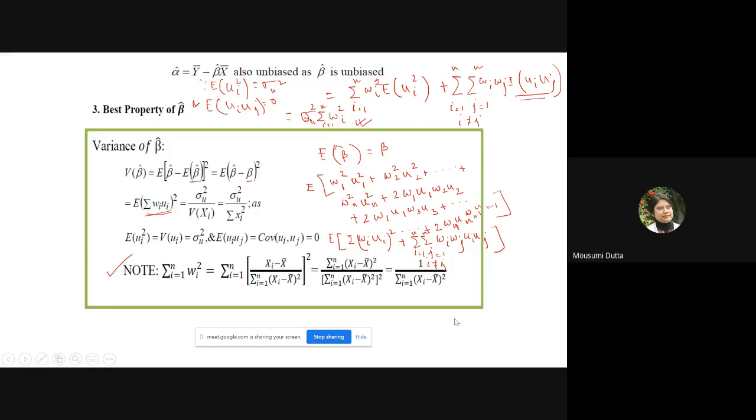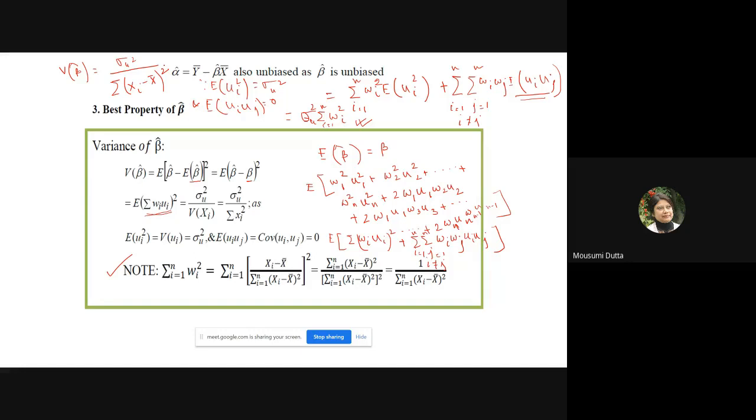So everybody should write: variance of beta hat is therefore sigma u square divided by summation xi minus x bar whole square. This can be presented using the notation sigma u square divided by variance of capital Xi, or as I mentioned, capital Xi minus x bar is equal to small xi.